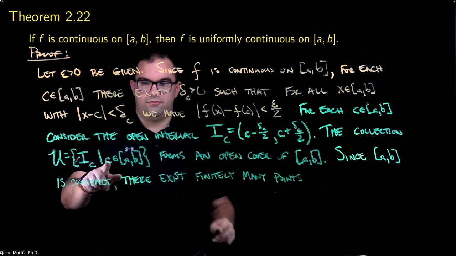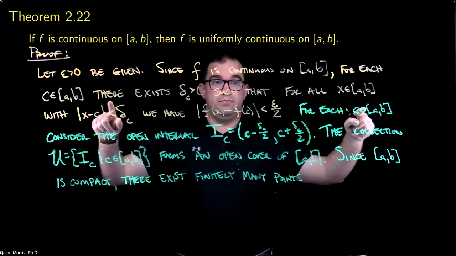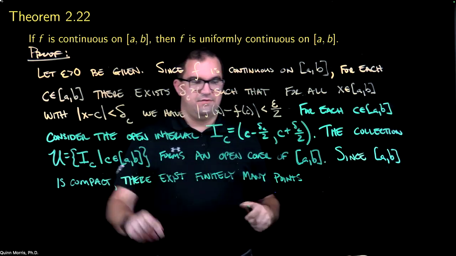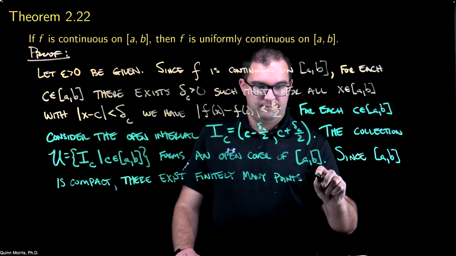So what I'm going to do is, I'm covering these first by taking intervals that are centered at every C value, right? I only need finitely many of these. So I'm going to take those points and call them C sub I.